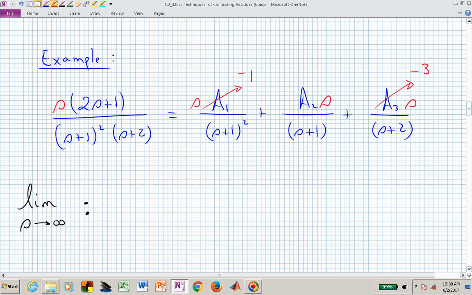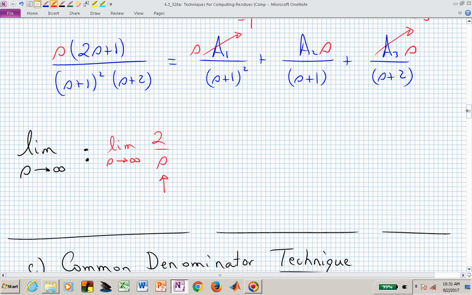Downstairs on the left, we have s squared times s, or we have s cubed. So now we're looking at taking the limit as s goes to infinity of 2s squared over s cubed. So effectively now we have 2 over s, and we're looking at the limit as s goes to infinity. And this was available to us because we had 2s squared over s cubed, which now is 2 over s. That's where that's coming from.